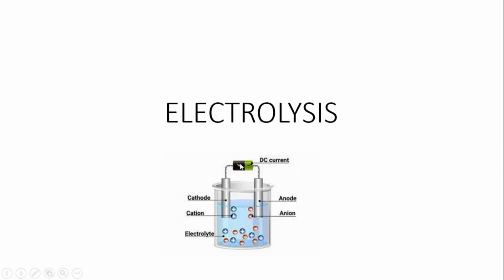And so once this direct current source is turned on, the current flows into the solution through these electrodes. And what happens is that this electrolyte will decompose to its constituent ions.